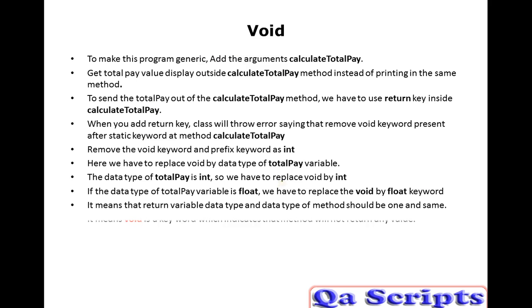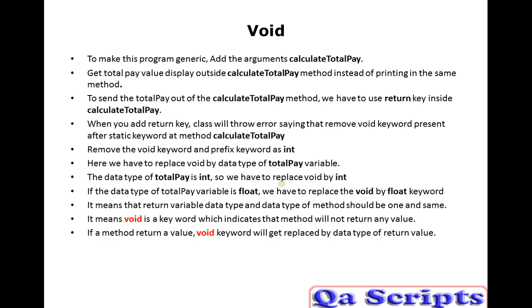So now it is very clear that void is a keyword which indicates that the method will not return any value. If a method returns a value, the void keyword will get replaced by the data type of the return value.